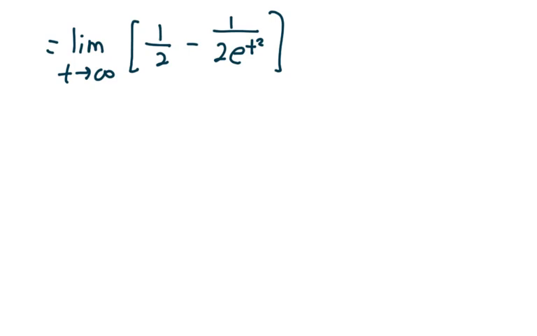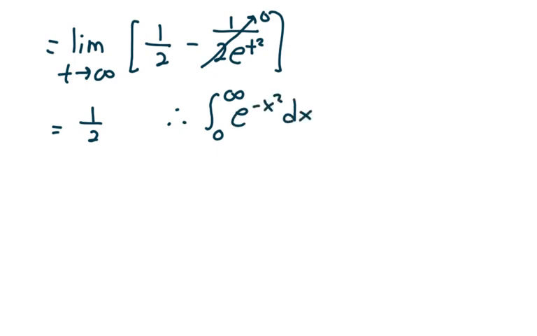But as t gets large, this goes to 0, and you get a half. And so what that tells me is the integral from 0 to infinity of x e to the negative x squared dx converges.